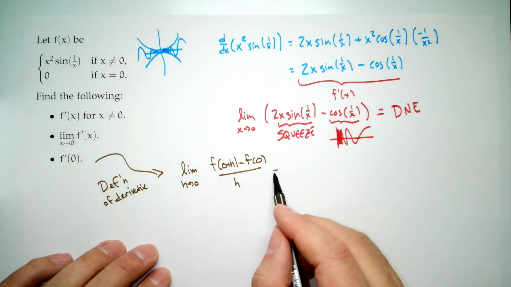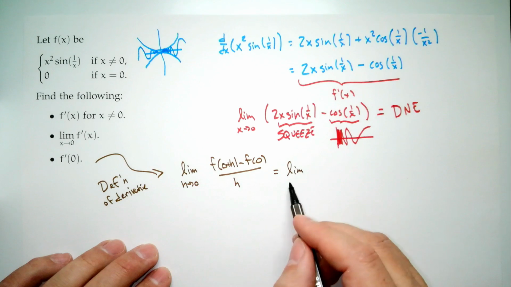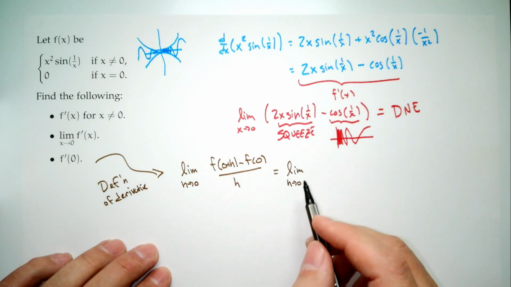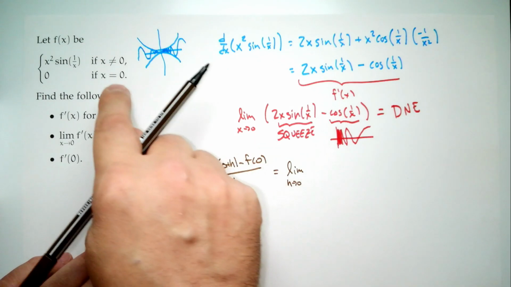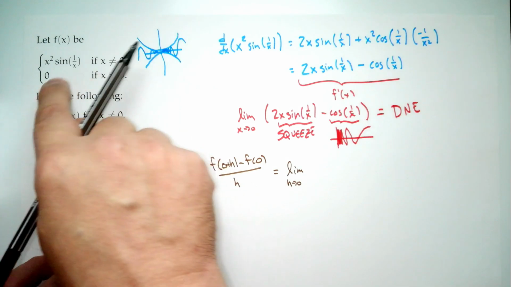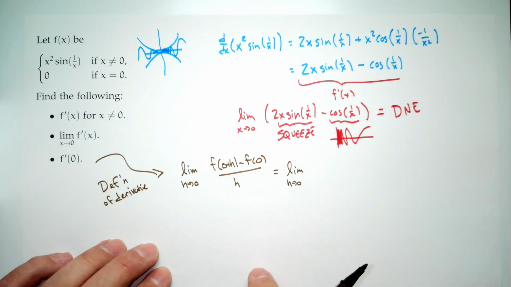So, let's see what that does. That becomes the limit as h goes to 0. f of 0, what is that? It's 0, because if I plug in 0, I get 0.